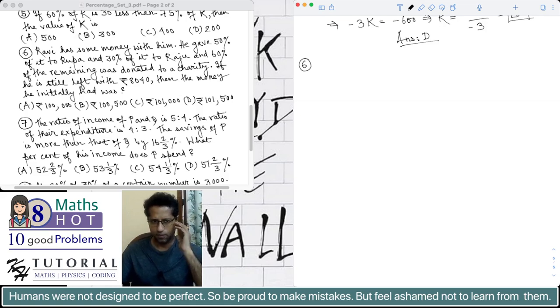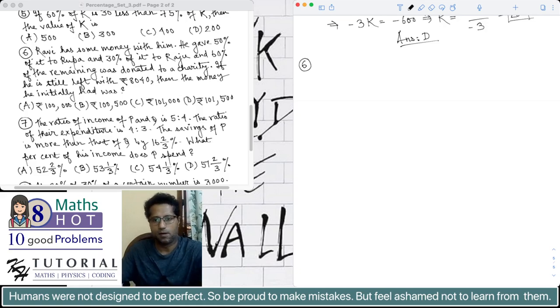If he is still left with rupees 8,040, then the money he initially had was... So 50% of the original money he gave to Rupa, 30% of the original money he gave to Raju, and 60% of the remaining, not the original, but the remaining, was donated to a charity. And then the remaining amount is given to be 8,040.